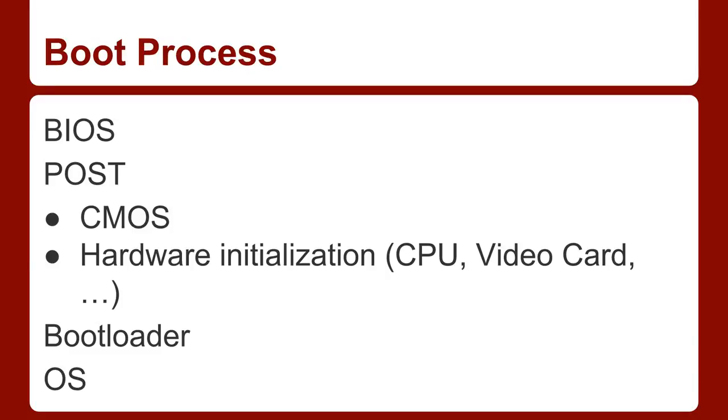Then hardware initialization: if the CMOS is good, it initializes the CPU, the video card, etc. And then it points to the bootloader, and the bootloader, depending on the bootloader, provides you with the option to select your operating system that you would like to boot, or just defaults to choosing the one.